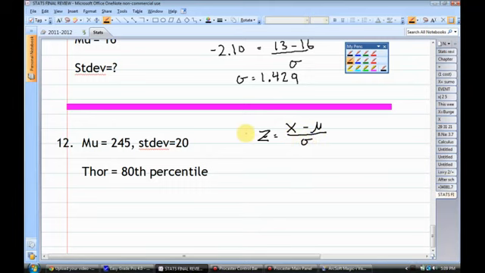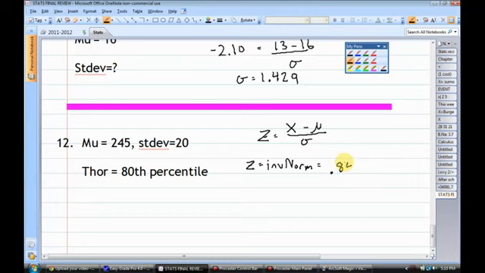So can we just do inverse norm of 0.8 and we get that? So z is going to be 0.84. Inverse norm does tell us the z-score? Yes.